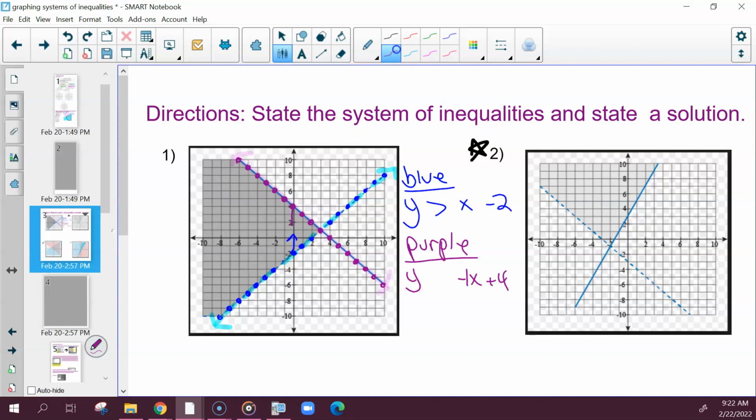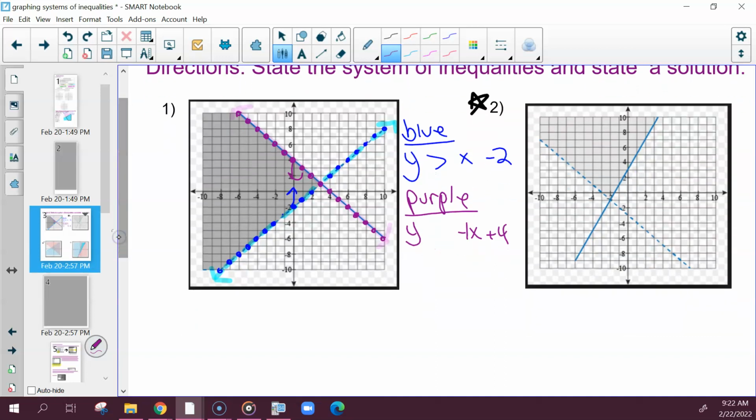From your y-intercept, pointing down to the shaded area, that would be what? Less than or equal to, because it's a solid line. Right, and someone give me 1 point that would be a solution. -2, +2 would work. Do we have any questions on that?